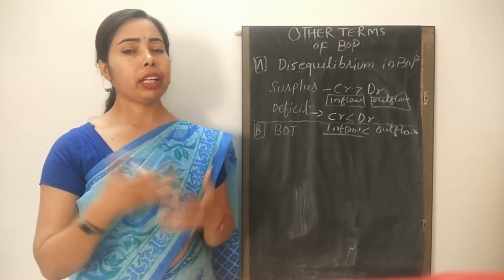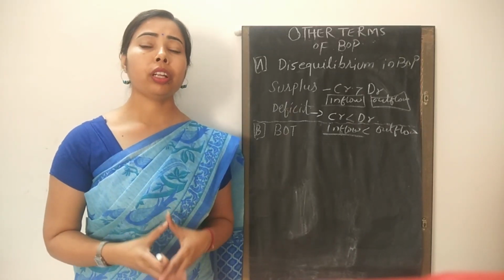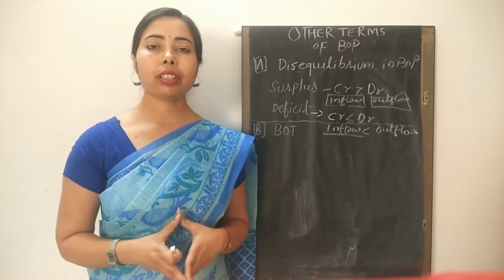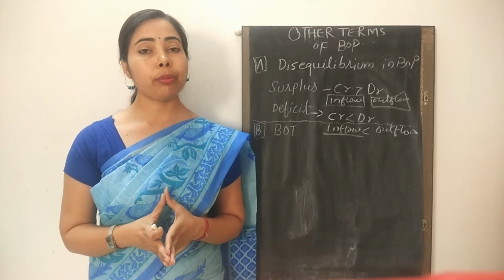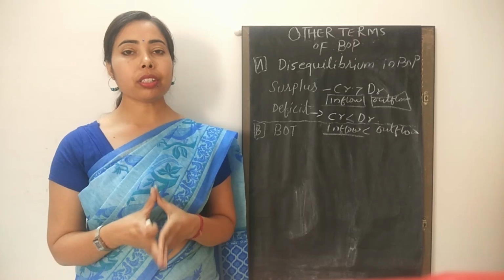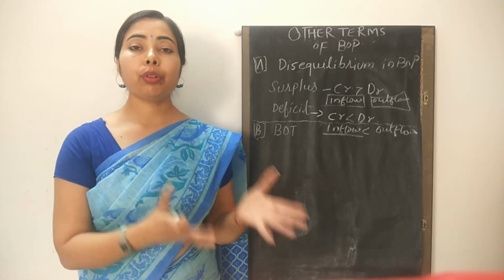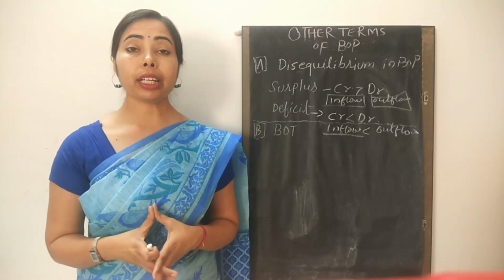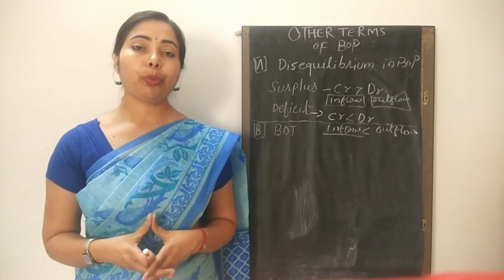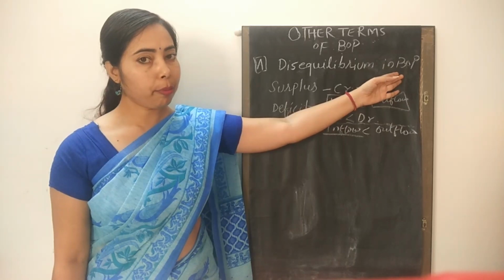Similarly, if there is any political trouble, any kind of dispute, or war, or any tension in international boundaries, we will not be able to maintain the BOP status. And for social reasons, if at the domestic level the country is unable to manage the poor sections of society, there will be a fall or rise in BOP status. So this was the disequilibrium of balance of payment account.